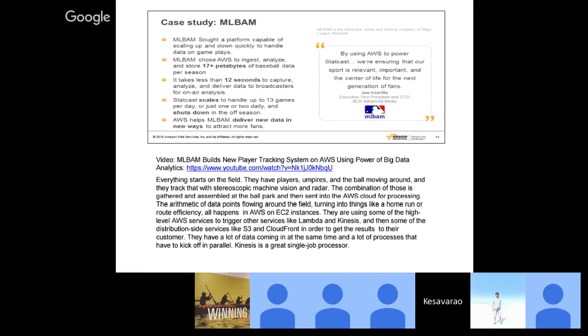So that's why AWS is the natural choice. And it needs to happen within 12 seconds to capture, analyze, and deliver the analysis on air. So timing is very important. It cannot be slow. It has to be at supersonic speed. Volume and speed, those are the two characteristics of big data that made this the choice.